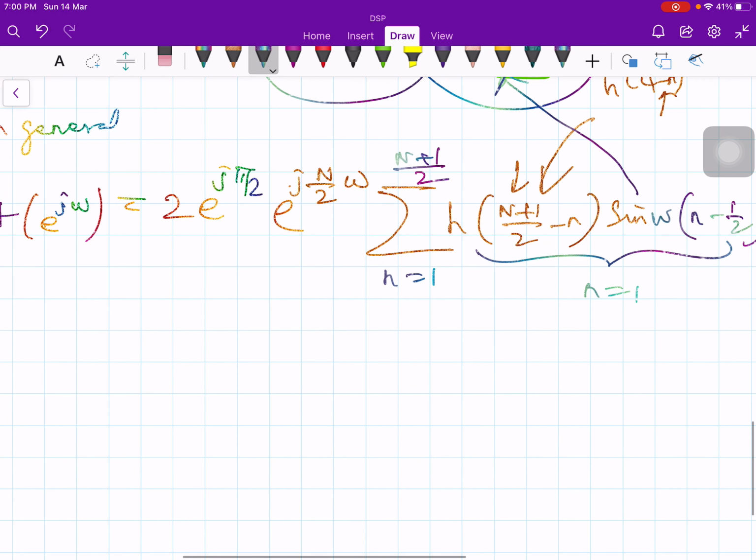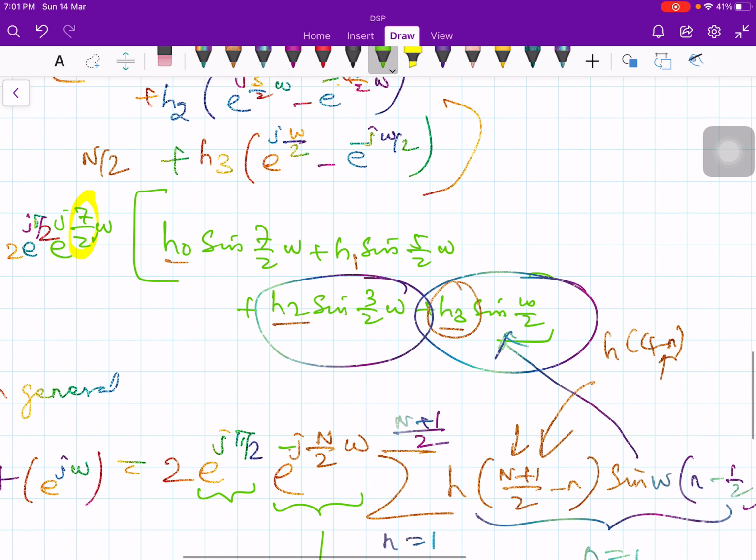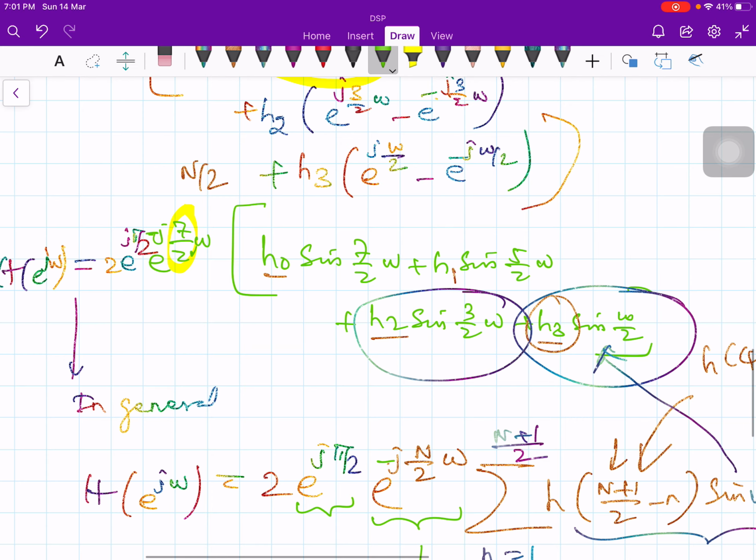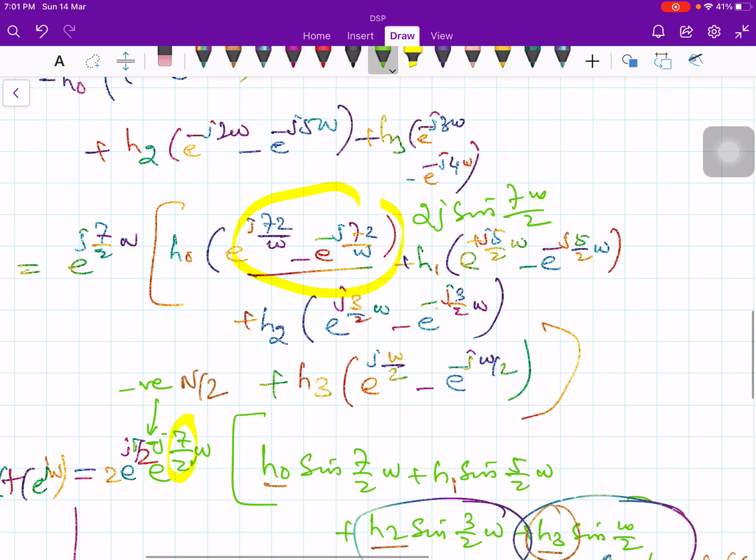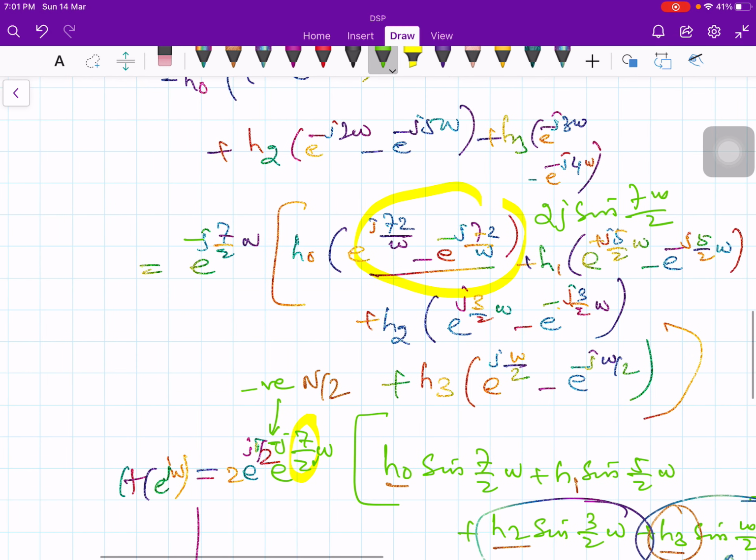Now this gives a delay of pi by 2, and this one gives a delay of, this is minus, yes, here also minus. There is a minus sign here, because we are taking this e to the minus j 7 by 2 omega outside. I made a mistake, I'm really sorry for this.